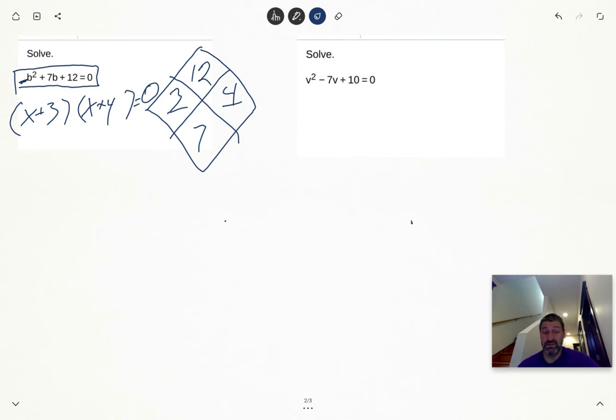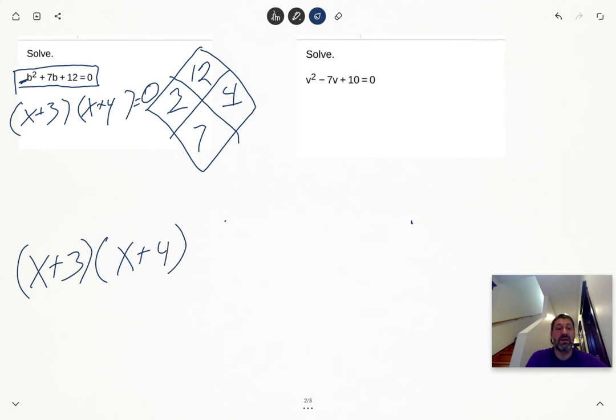So again, my answers are not 3 and 4. My factored form is 3 and 4. So if I were to multiply that x plus 3 times the x plus 4 using FOIL, I would end up back with our original expression.